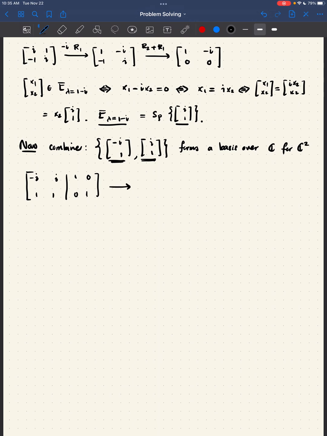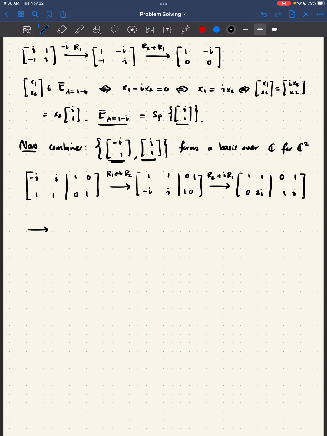So for this, I exchange the two rows, and now I have 1, 1, negative i, 0, 1, 1, 0. Then to row number 2, I add i times row number 1, and I have 1, 1, 0, 2i, 0, 1, 1, i. Then we'll continue with reductions.